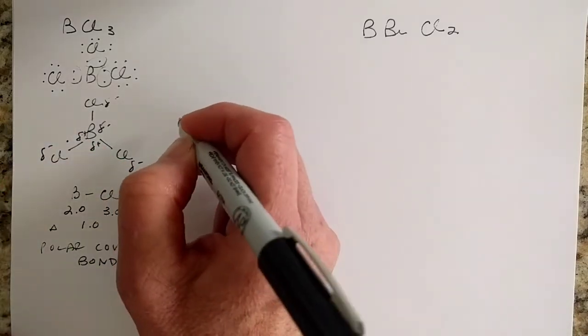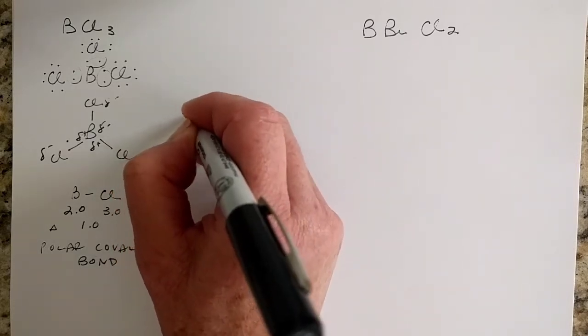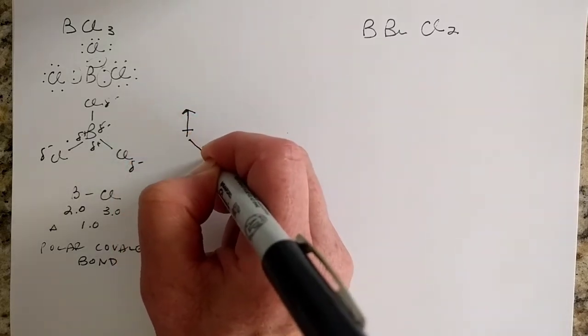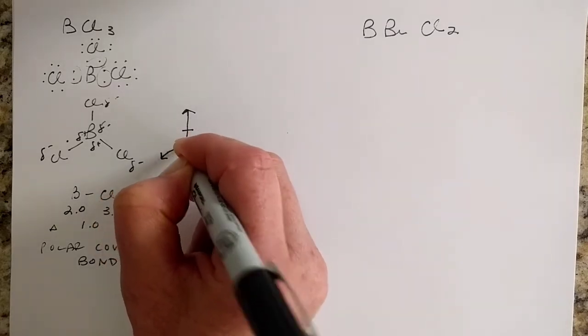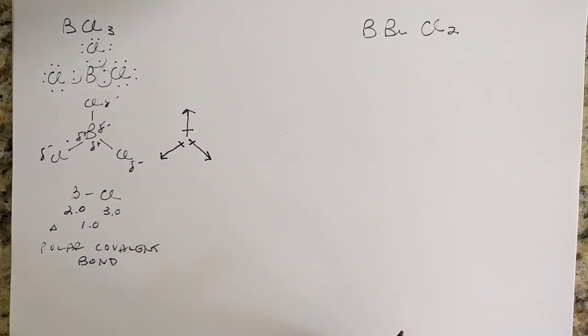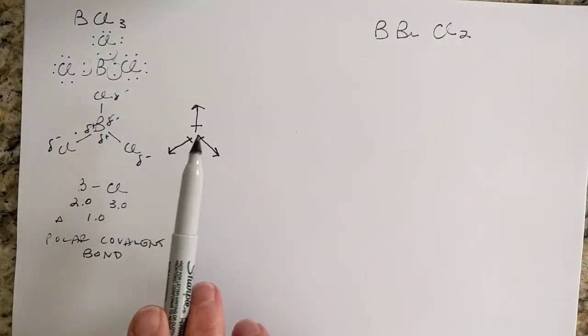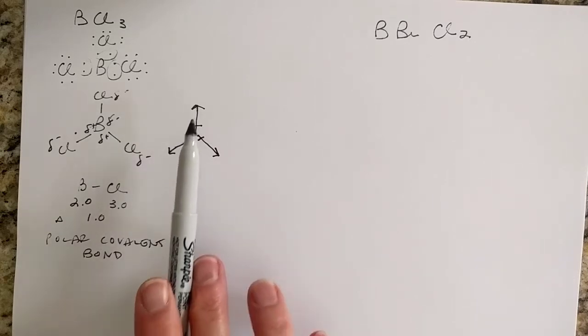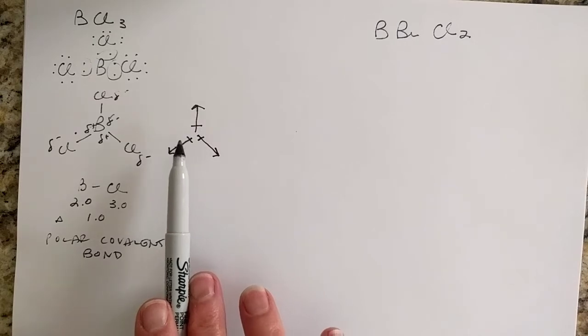So now we have dipoles going like this, up, down, over. And these are three equal and opposite. So if you had three ropes connected and you had three people pulling on them exactly equally, the rope would not move.